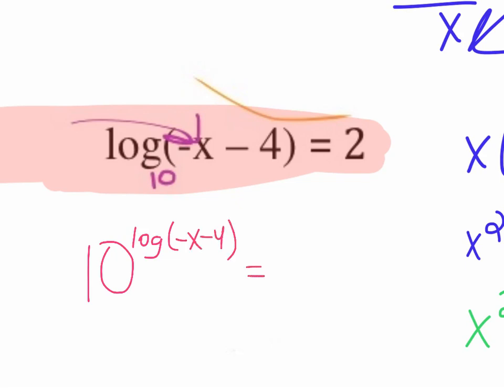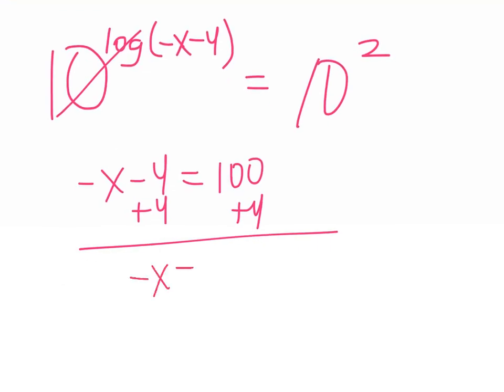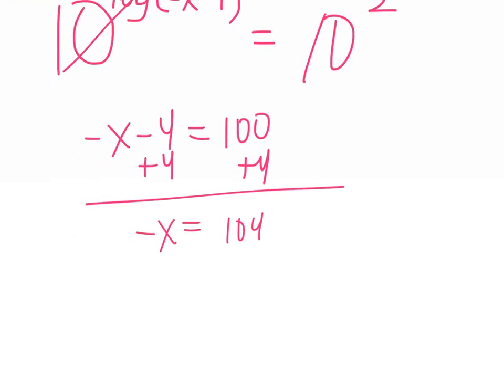If I have a 10 on the left-hand side as the base, what is the base on the right-hand side? 10. So this is 10 squared. So this cancels out. I have negative x minus 4 equals 100. Add 4 to both sides. Agreed? Negative x equals 104. So x equals negative 104.